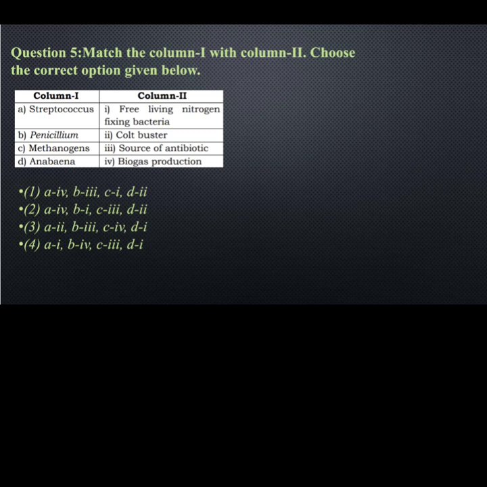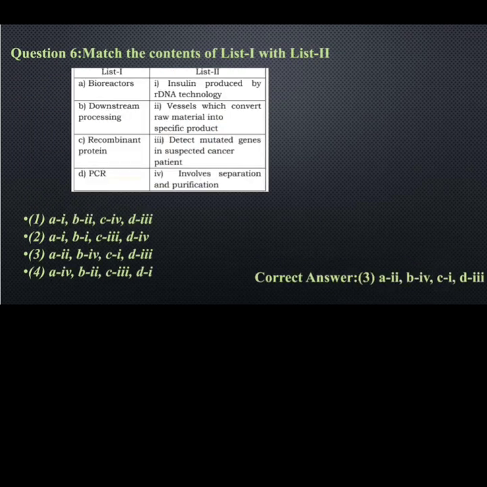Methanogens are used to produce methane gas during anaerobic decomposition, used in biogas production. Anabaena is a cyanobacterium that performs free-living nitrogen fixation. So seeing all this, option 3 is correct.